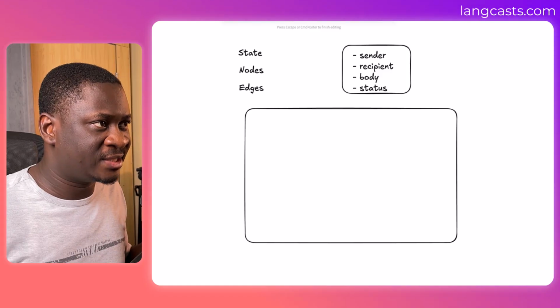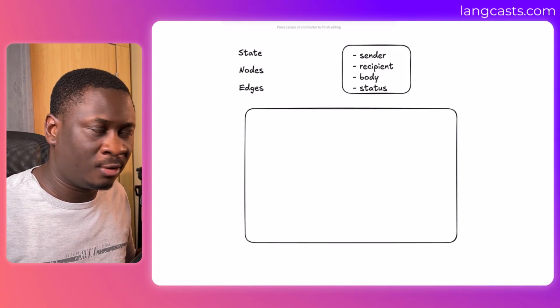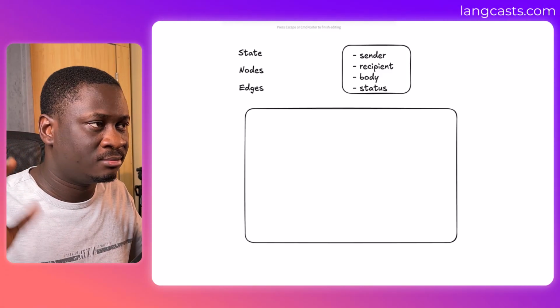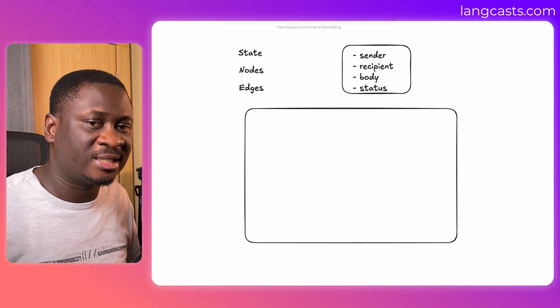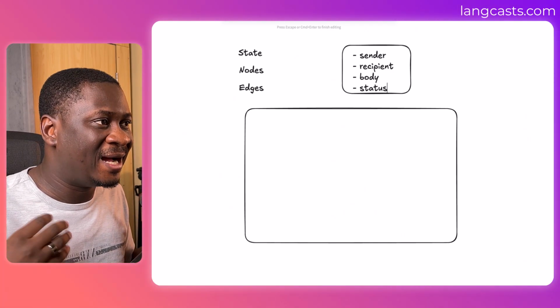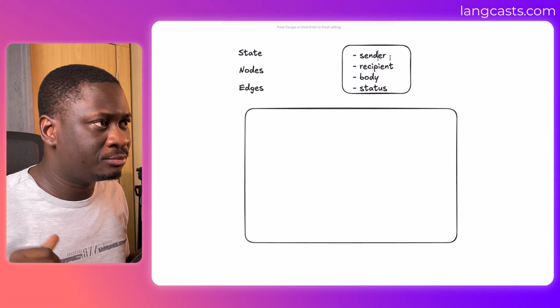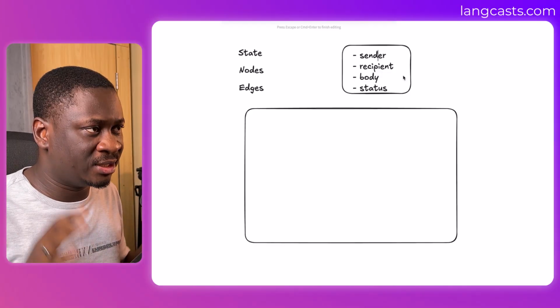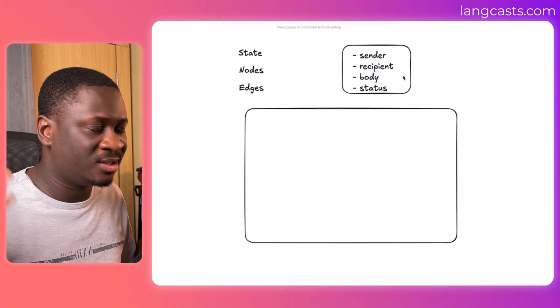These are pieces of data that are important to the operation of an AI agent that wants to help us build and send an email. Now you can keep adding more based on the needs of your AI agent, but let's say this is what we're working with. So this is the state.